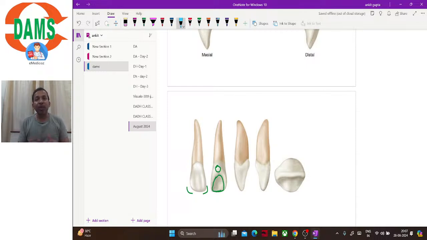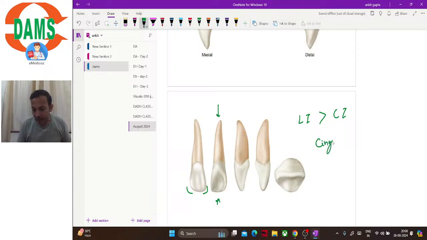It is about which one appears deeper, which cingulum appears more high or more prominent, and which fossa appears deeper, right? So in the lateral incisor, the fossa appears deeper, isn't it? You can see that in lateral incisor, fossa appears deeper, and hence the lateral incisor has a more prominent lingual fossa and a more prominent cingulum than central incisor.